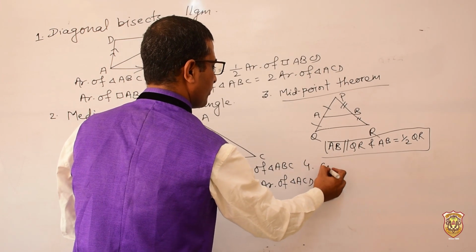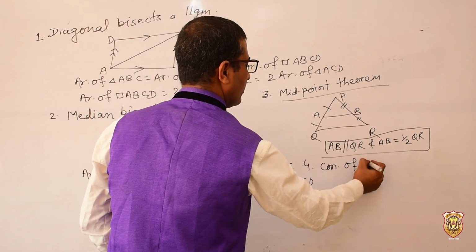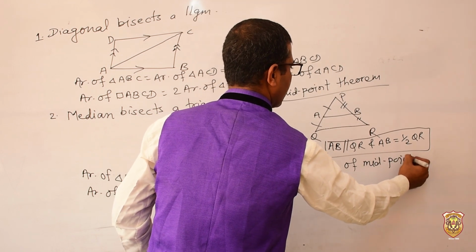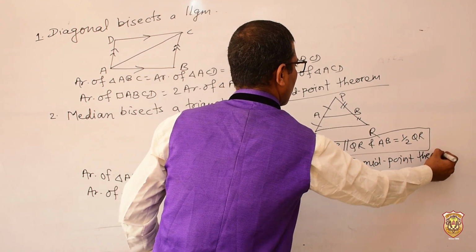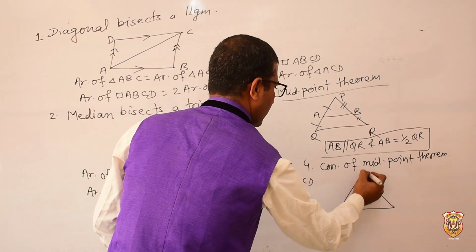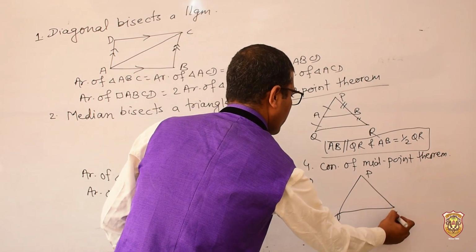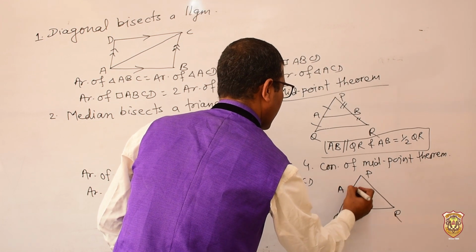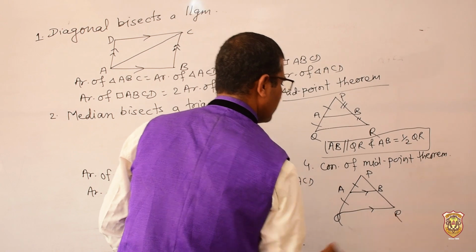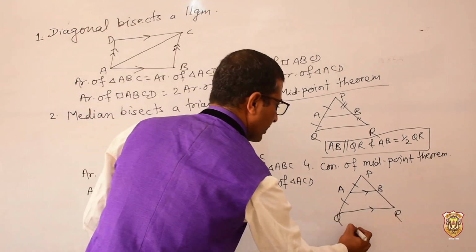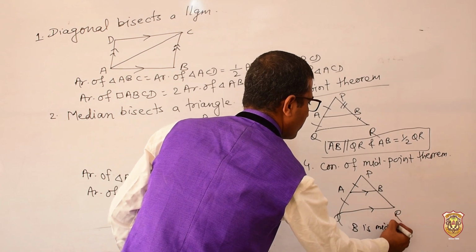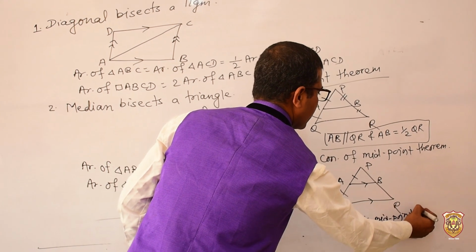And the converse of the midpoint theorem, again you have learned this in class 9, that is, if A is the midpoint and AB is parallel with QR, then B is the midpoint of PR.